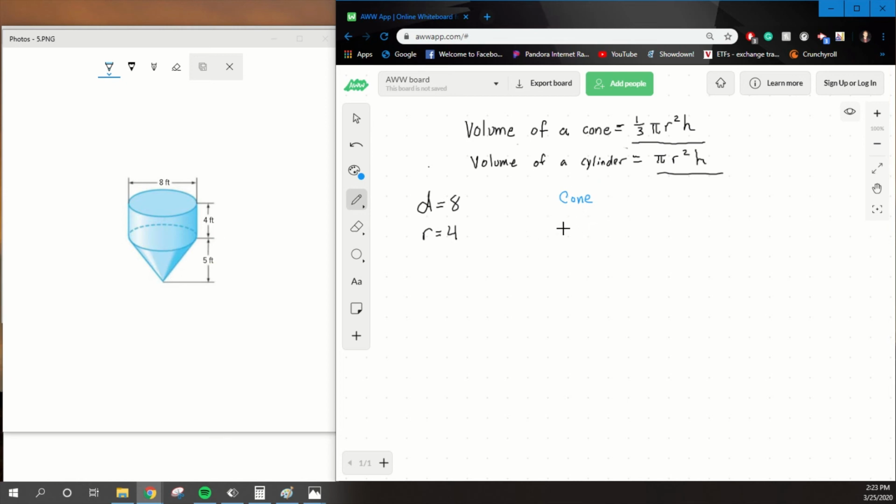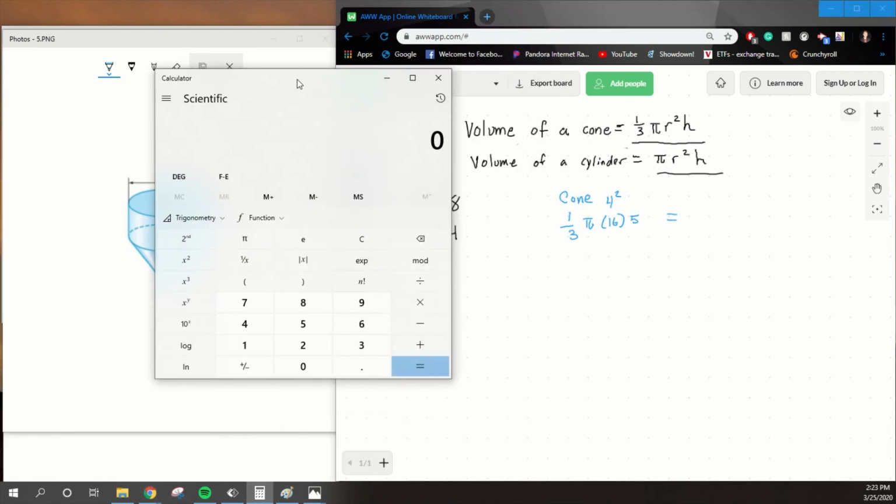So our cone's height is 5, and we know the radius has to be the same radius as this circle up here, which we've established is 4. 4 squared gives us 16, times our height of 5. That's going to give us our cone's volume.